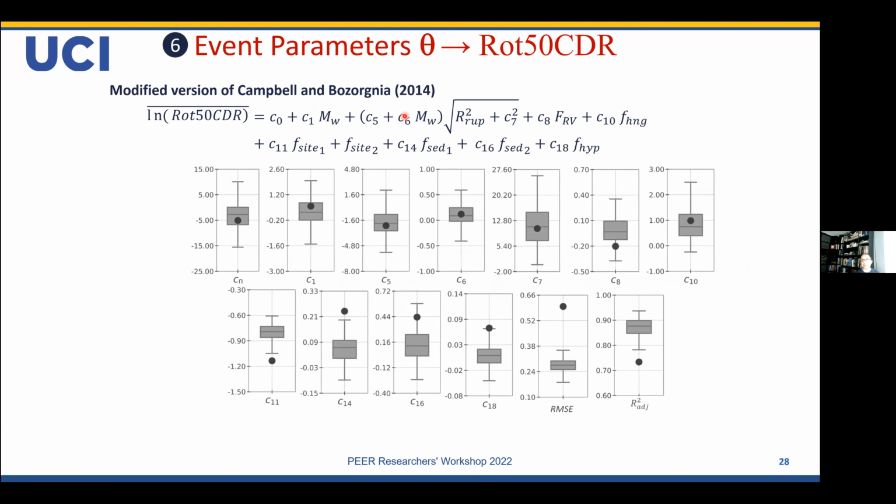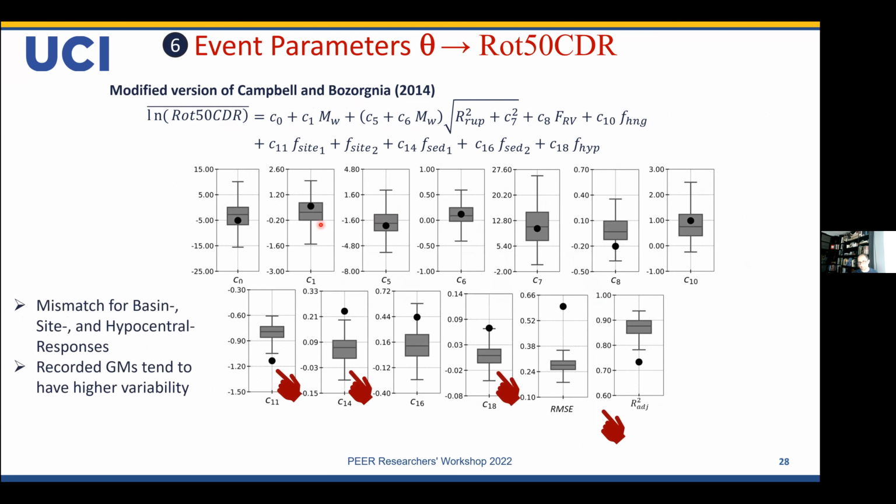Now, we fit RZZ to CDR to event parameters. In event parameters, this is trying to show that the RZZs are also sufficient. Again, a lot of good comparison between the coefficients, but there are things that are missing. The mismatch in basin and hypocentral responses. See the equations for C18, C16, I think, no, C14 and C11 are not good.